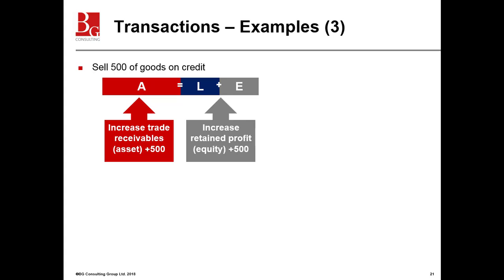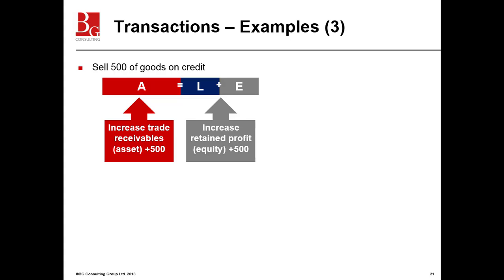If we've sold to them, then we can record that sale in our income statement. And any transaction that affects the income statement, of course, also affects bottom line net profit, and that net profit via retained earnings feeds into equity.